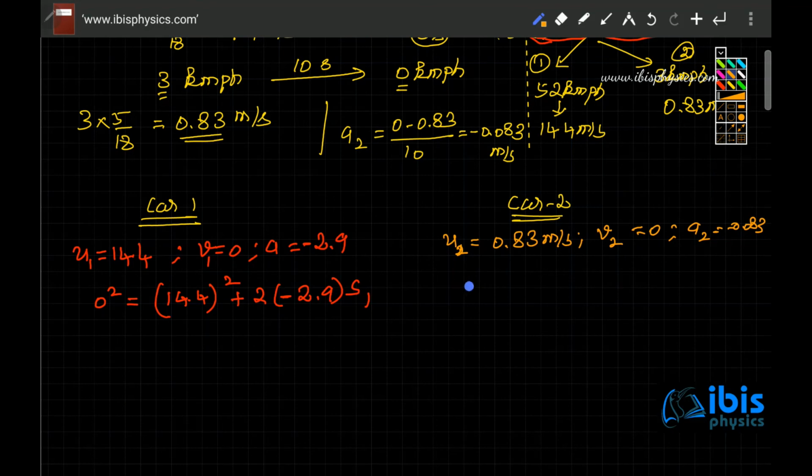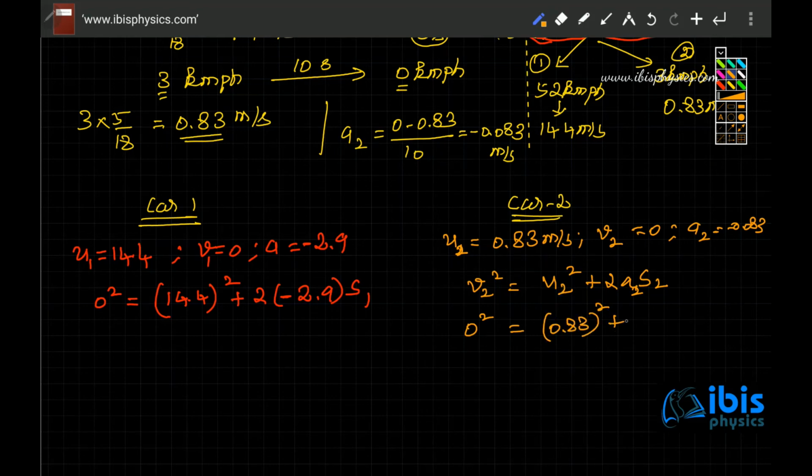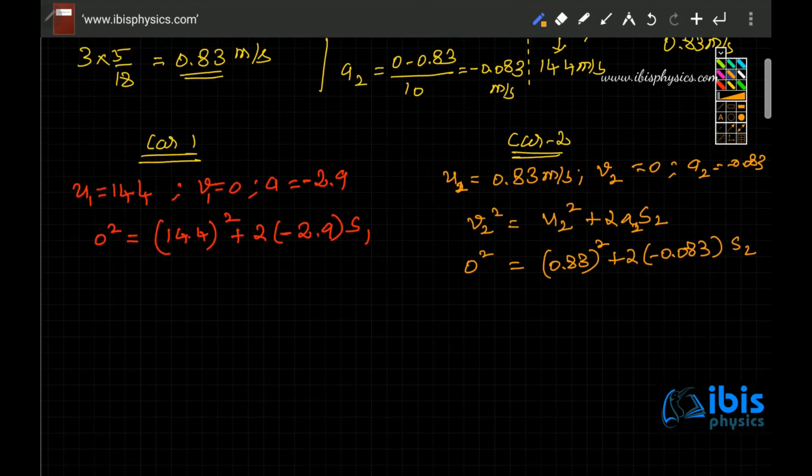So v2 square is equal to u2 square plus 2 a2 s2, where v2 square is 0 square, u2 square is 0.83 whole square, plus 2 into minus 0.083 into s2. Let's calculate s1 first and then we'll go to s2.